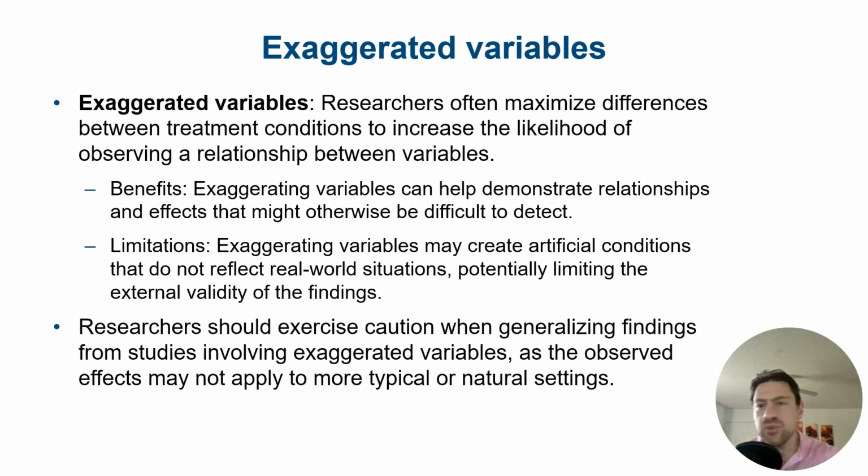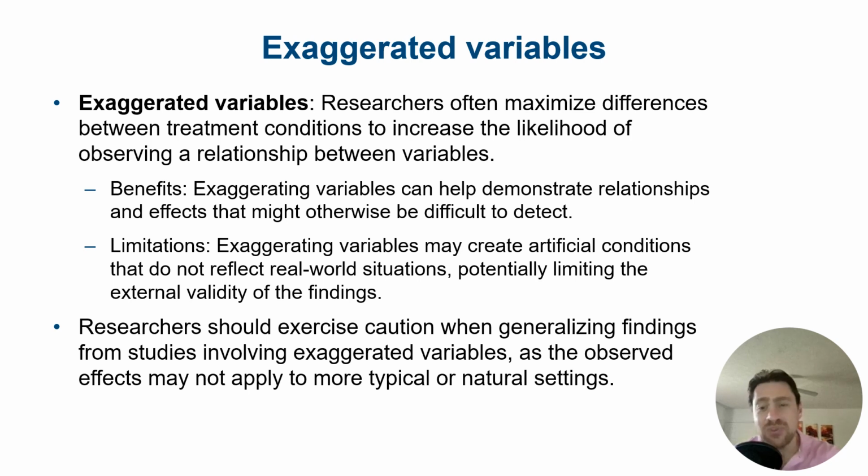All right, so another issue to consider, especially for external validity, is the idea of exaggerated variables. So in order to demonstrate a relationship between variables, in order to detect a difference between conditions, it makes sense to exaggerate the differences between those conditions. So for example, if you are studying the effects of temperature on classroom attention span, you probably don't want to compare 71 degrees and 72 degrees.